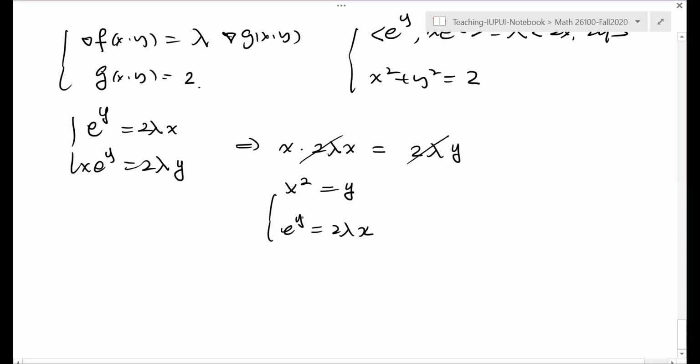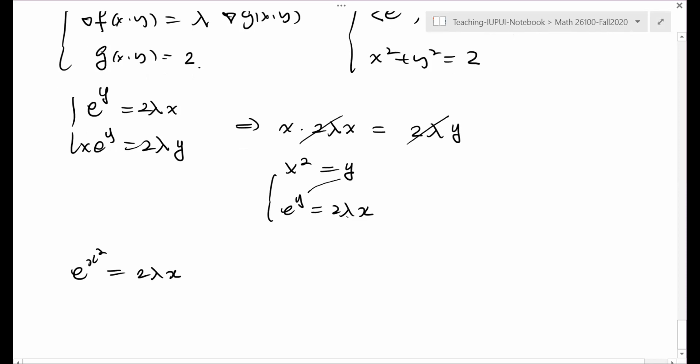Okay, the reason is you see y equals x squared, right? Then how can we express x in terms of lambda? So you can put y here: e to the x squared equals 2 lambda x. Yes, we do have a solution for x, and it depends on the lambda value.